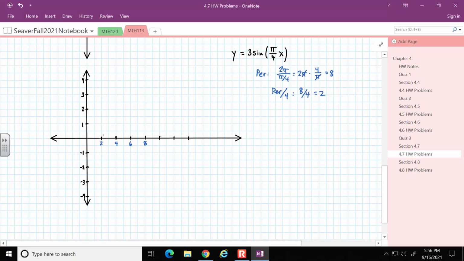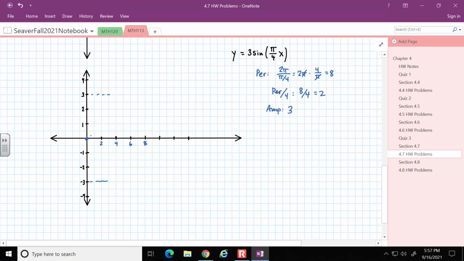What's your amplitude? It's 3, right? So 1, 2, 3. I'm going to come up to this bound, and I'm going to go down to this bound. So what's the first point, probably the most common first point that you would plot here? 0, 0. It's a sine function, so you're going to start on that center line.